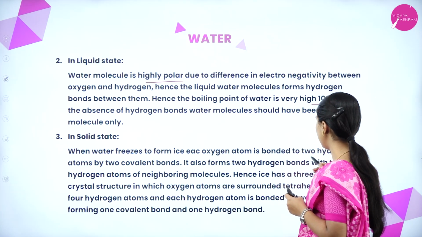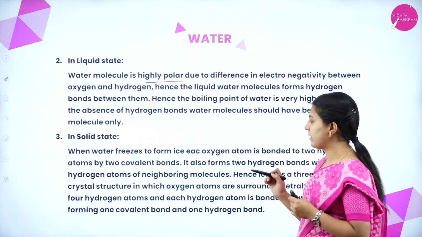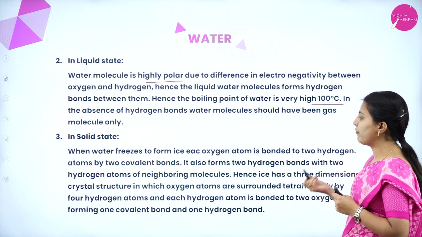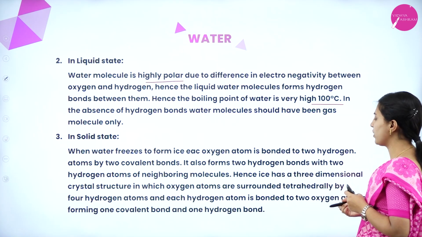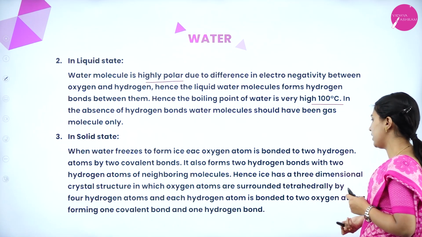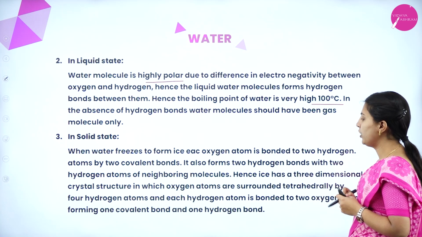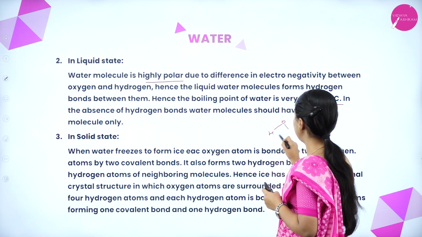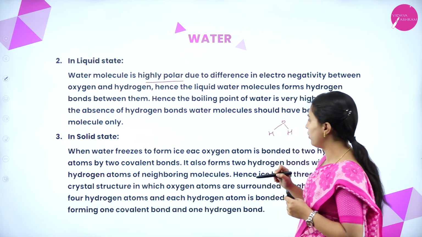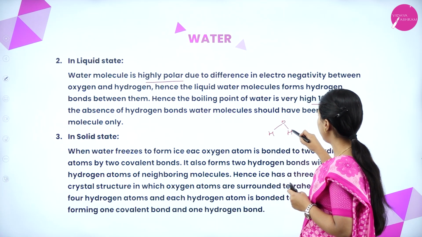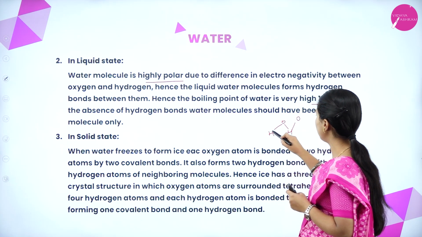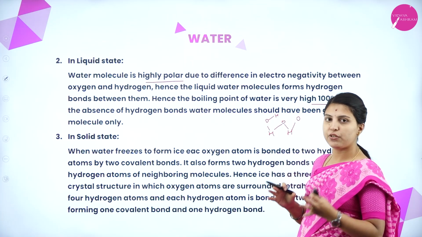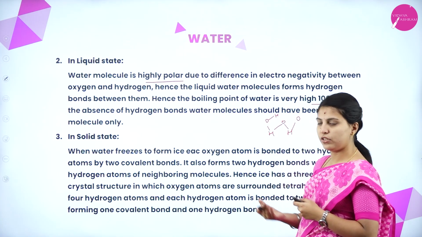Hence, ice has a 3-dimensional crystal lattice in which each oxygen atom is surrounded tetrahedrally by 4 hydrogen atoms, and each hydrogen atom is bonded to 2 oxygen atoms, forming 1 covalent bond and 1 hydrogen bond. See, this is a water molecule, tetrahedrally with another oxygen here, another oxygen here, and hydrogen; we can observe this 3-dimensional picture when it freezes to ice.